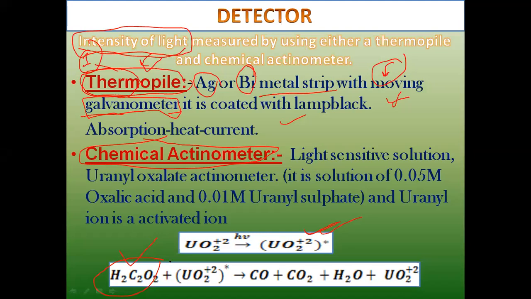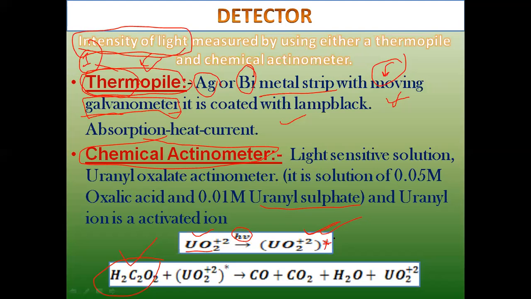Another example is the decomposition of oxalic acid by using uranyl sulfate. Uranyl sulfate is the chemical actinometer. It absorbs energy; h nu is the light energy, absorbed by this uranyl sulfate molecule. Chlorophyll is also a molecule. Then the uranyl sulfate undergoes excitation. A star is given on this molecule, meaning it is the activated, more energetic molecule.